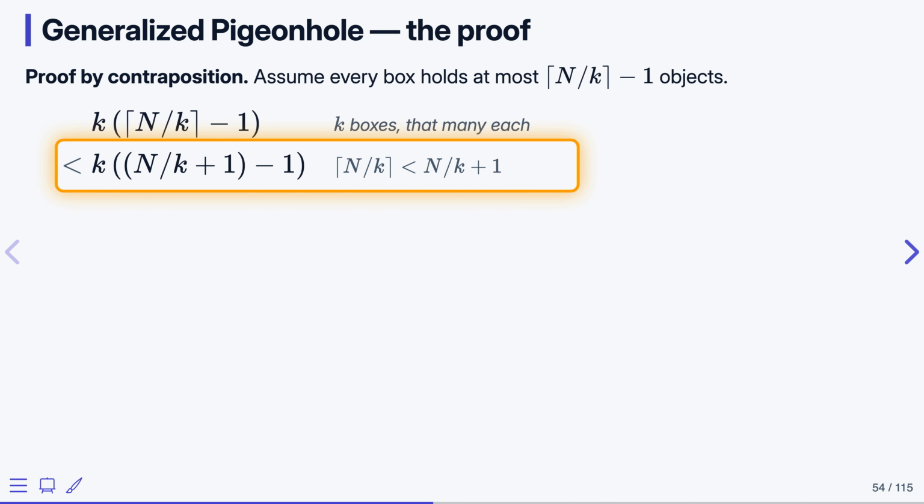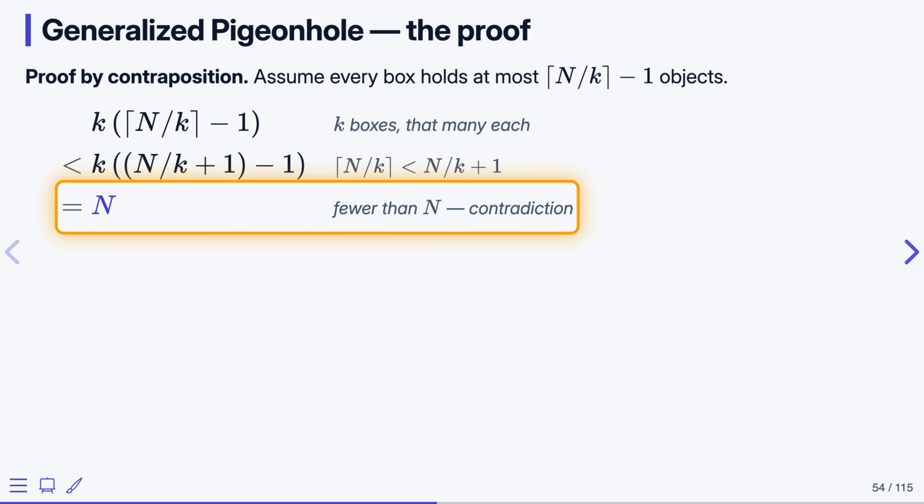Put that in and the total is smaller still. Line 3. The k and the k on the bottom cancel, and the plus 1 and minus 1 cancel. What is left is n, so the total is strictly less than n objects, but we placed n objects. That is a contradiction, so some box holds at least the ceiling of n over k.